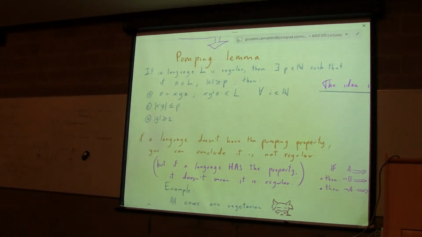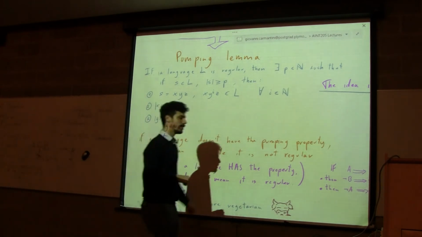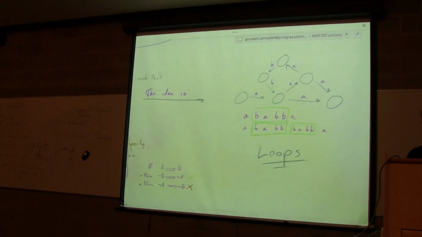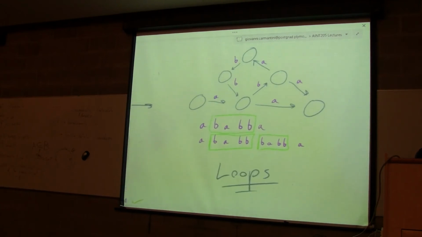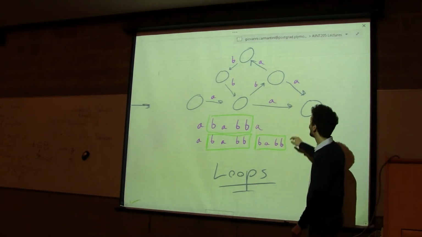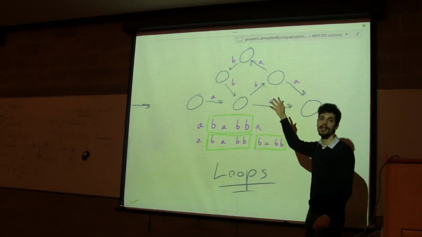So what's the pumping lemma? The idea is like this. If you have a DFA, you have a finite number of states. Let's say that you have 1, 2, 3, 4, 5, 6 states.